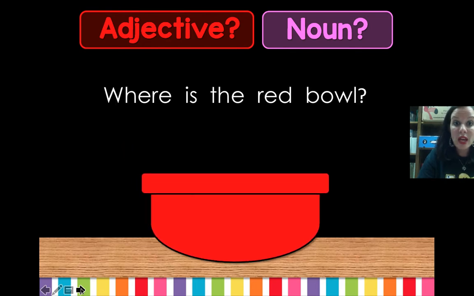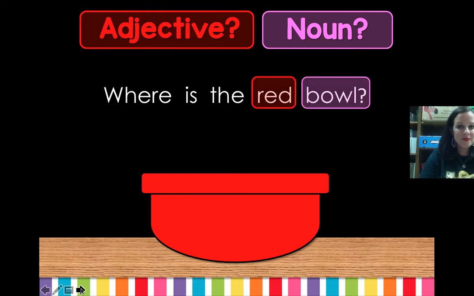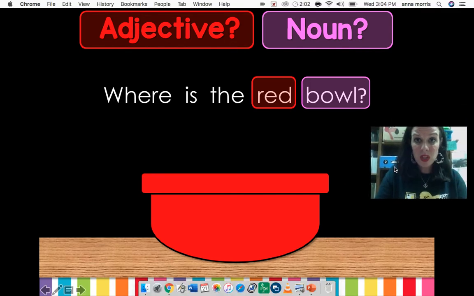Where is the red bowl? So, bowl is your noun. There was a word that described the bowl. It told what kind of bowl. Red was the adjective. What kind of bowl? A red bowl. All color words are adjectives.